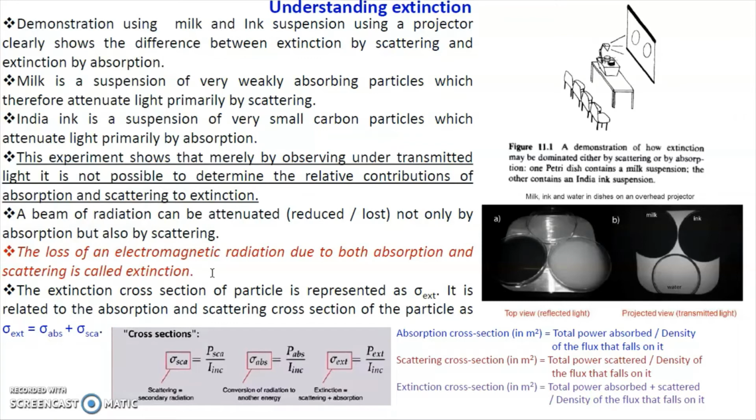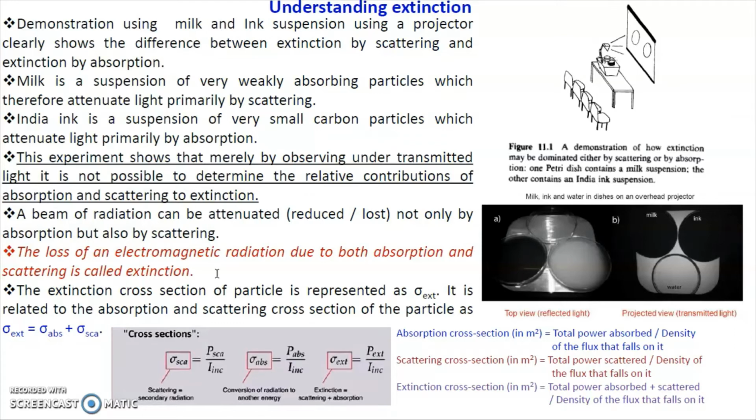So there are certain materials where both things take place at the same time. There is absorption of light and there is also scattering of light. If the optical properties of that material vary with respect to absorption and scattering, then we have to call that it has an extinction.